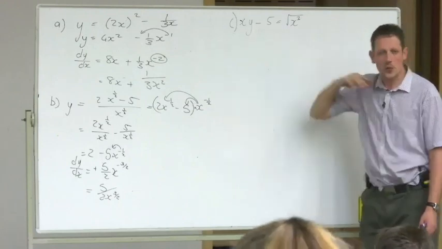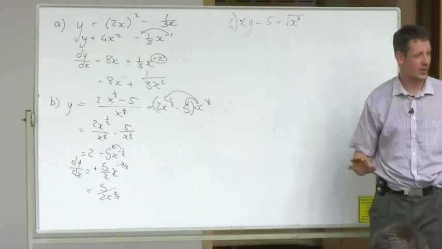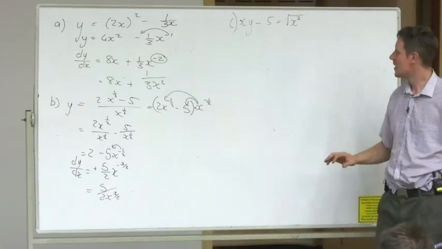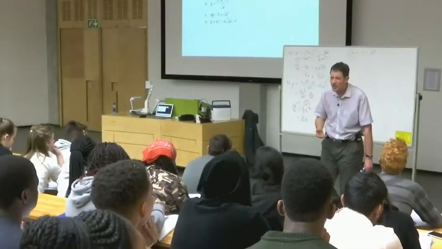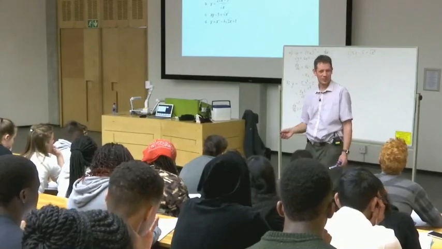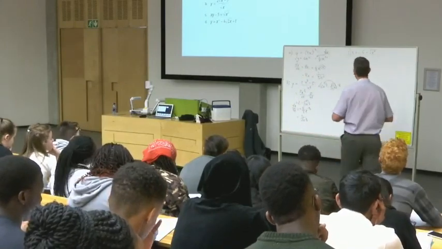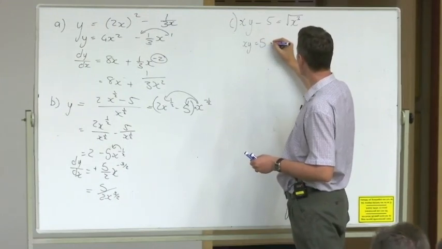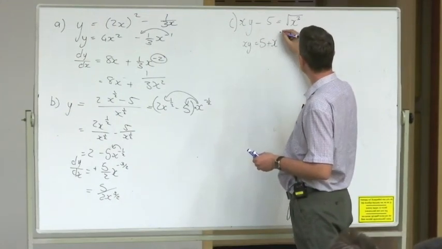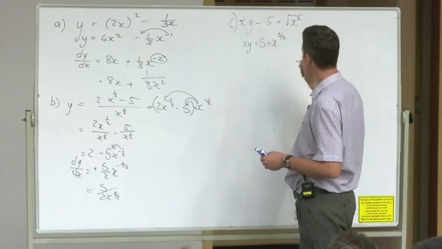Okay? But for the rest of us normal people, I can't go towards dy over dx because y is not the subject. So I first have to get y alone. So it's going to be xy equal to 5 plus x to the power of 3 over 2.